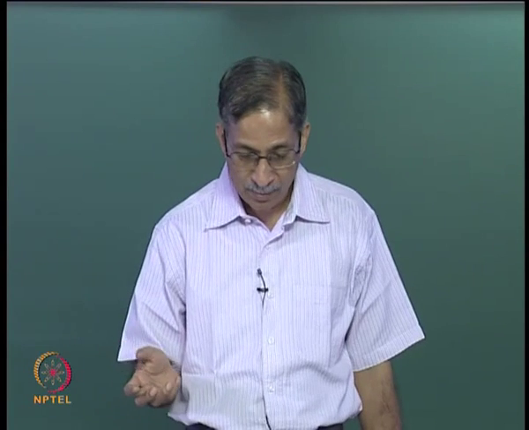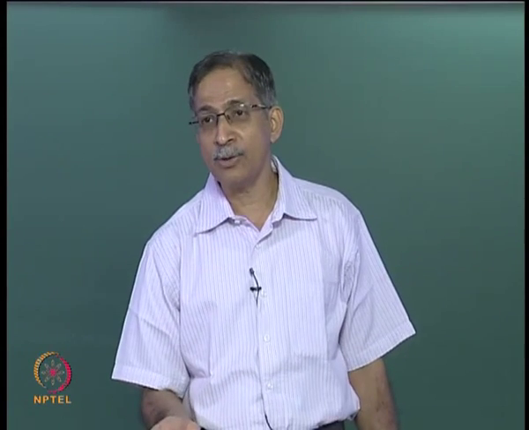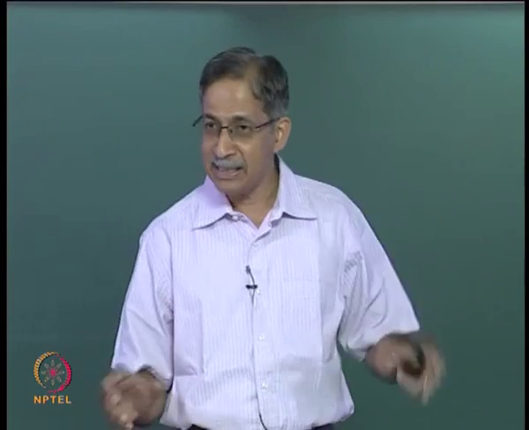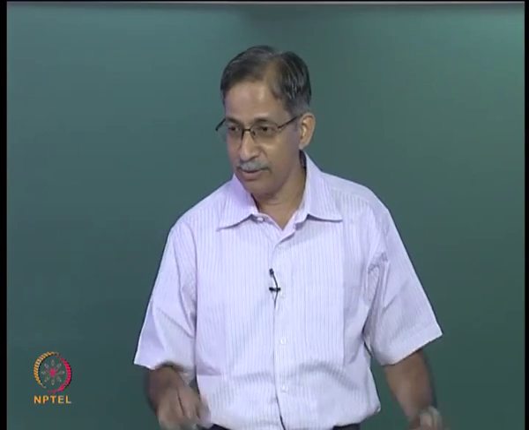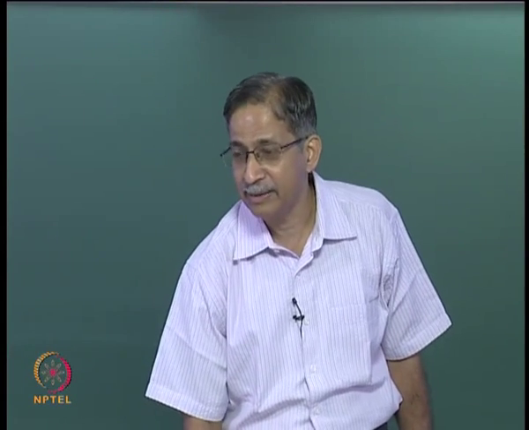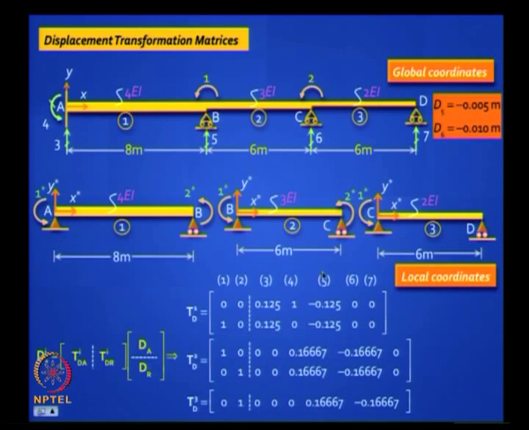Clockwise chord rotation of magnitude 1 by 8. 1 by 8 is 0.125. If you have a clockwise chord rotation, you end up with equivalent anti-clockwise positive end rotations, and that's why you write plus 0.125 plus 0.125 for the first element and you write 0 0 0 for the other element, and so on and so forth. So I am sure you can derive for all the others.